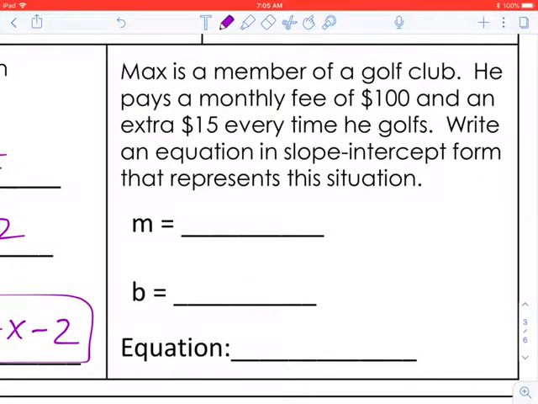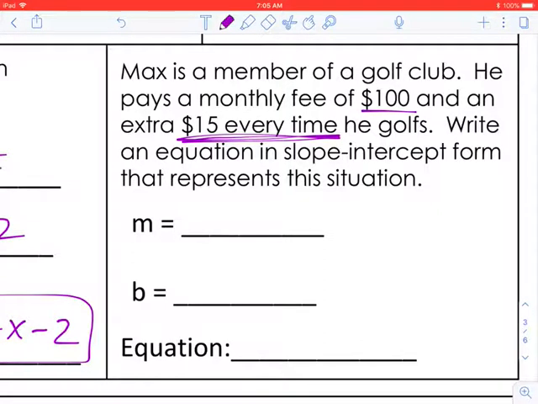And so the last one here is pretty much the same thing, except what you need to figure out is which value is your slope and which value is your y-intercept. In this case, the slope is going to be the thing that's happening more than one time. It says he pays a monthly fee of $100 and an extra $15 for every time he golfs.